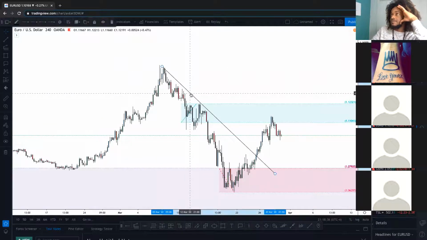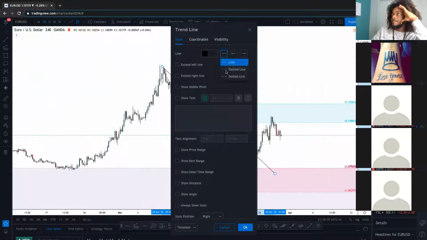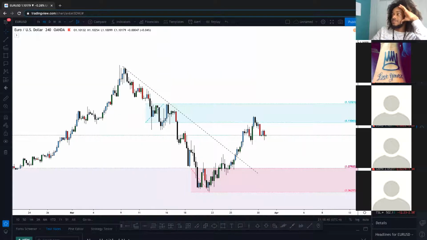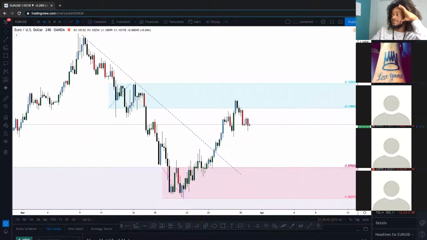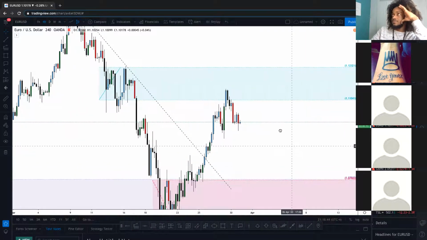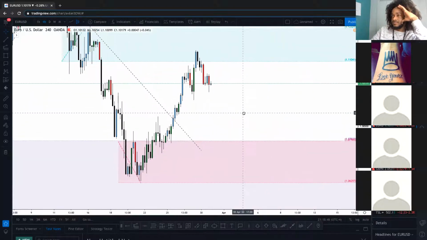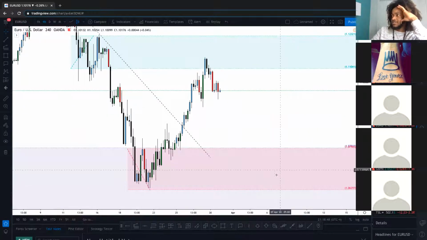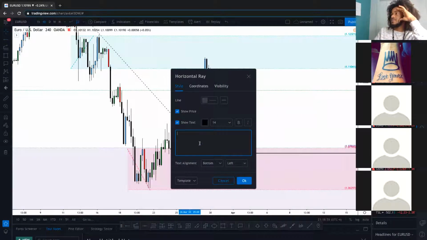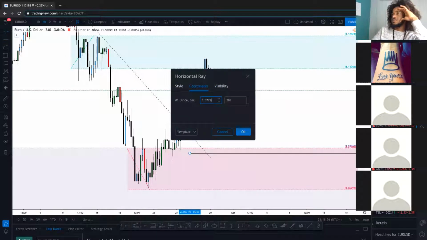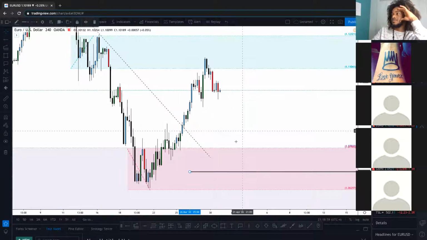So we're going to put a broken line for our trend line because the trend line is broken. We know this is daily supply, right? So let me just highlight the quarterly levels. 1.0700.